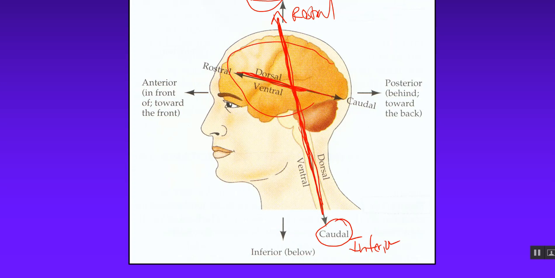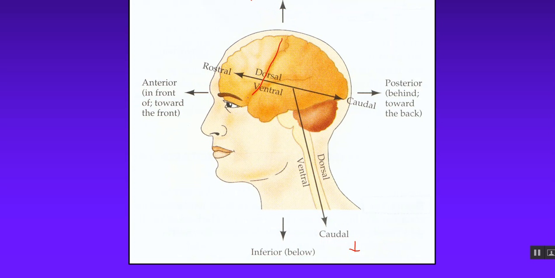But if we talk about structures in the brain, let's say the frontal lobe, let me erase some of this stuff to get some of the confusion out of here. Here's the frontal lobe, and here's the occipital lobe back here. In this case, we'd say the frontal lobe is rostral, because this axis has changed, or anterior to the occipital lobe.